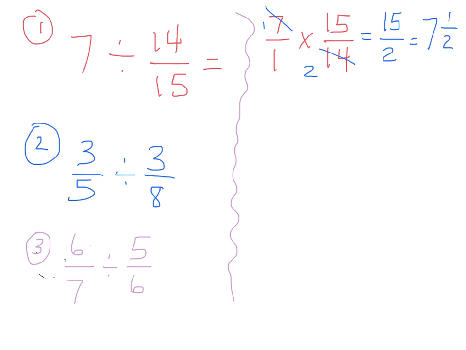So the answer to number 1 is 7.5. Number 2, 3/5 stays the same. Have to change that sign. And then when you change that sign, this gets flipped. 8 becomes the numerator. 3 becomes the denominator.